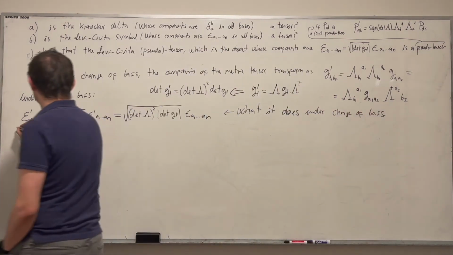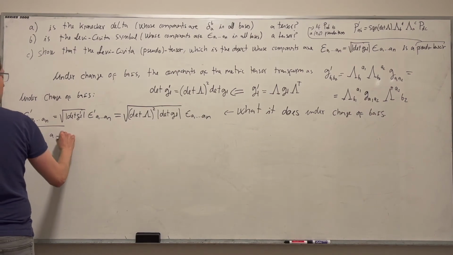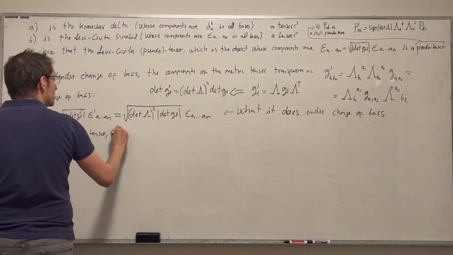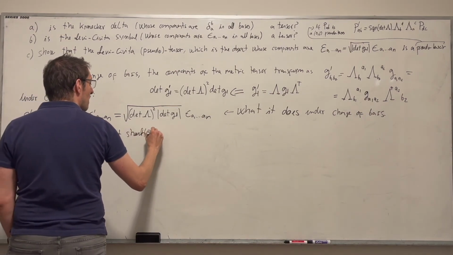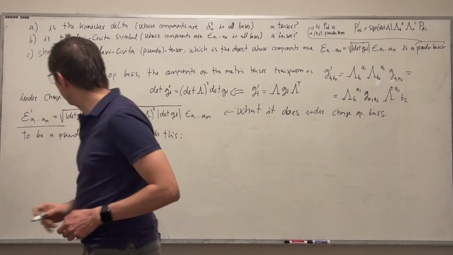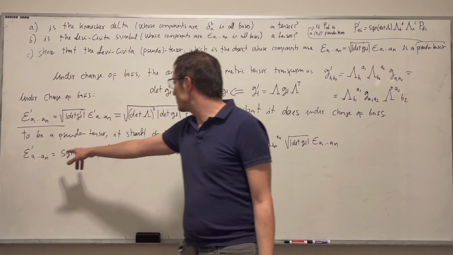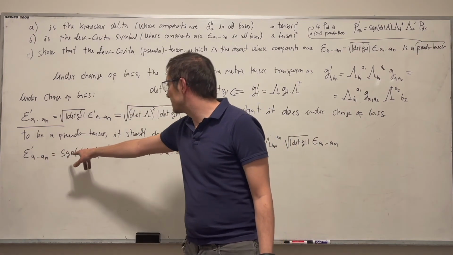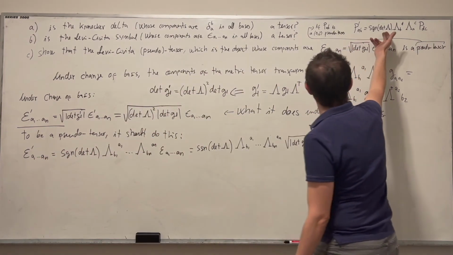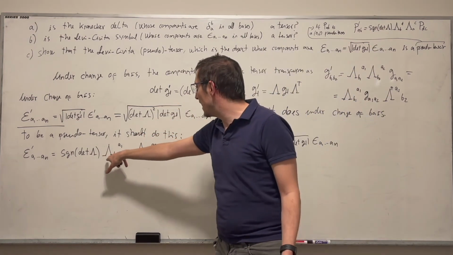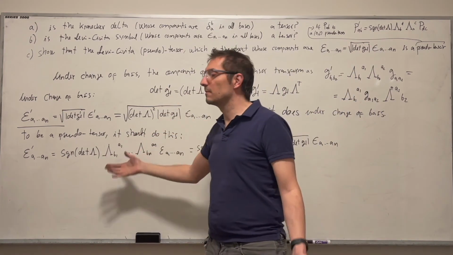Okay, now, to be a pseudo-tensor, it should do this. So epsilon prime, the pseudo-tensor, has to be equal to the sign of the determinant of the transformation, because it's the pseudo-tensor transformation, times n lambdas, n change of basis matrices.